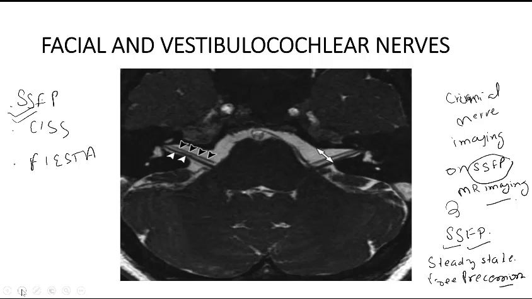Now today I'll be telling you about the presentation of some of the nerves on this SSFP MR image and why these SSFP MR images are very important for us to see the pathology and the anatomy related to these cranial nerves.